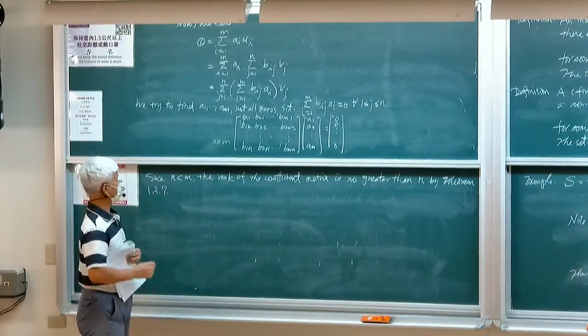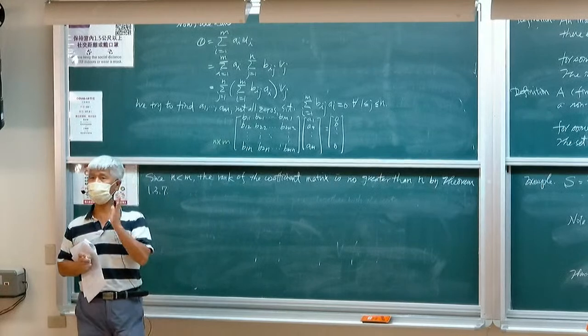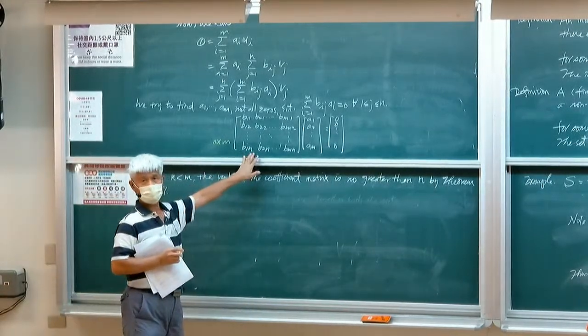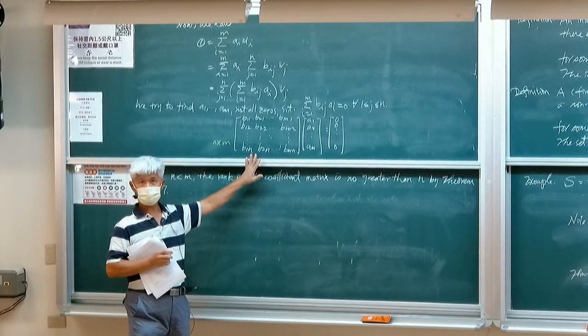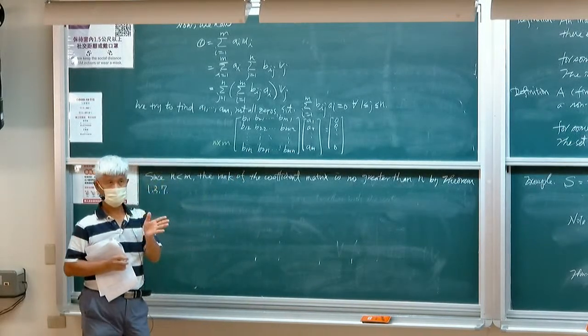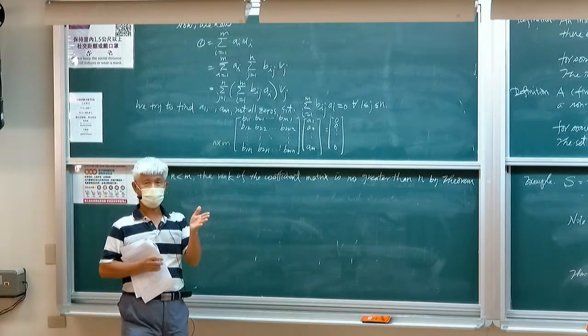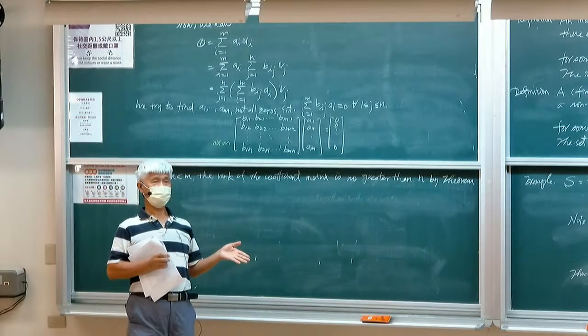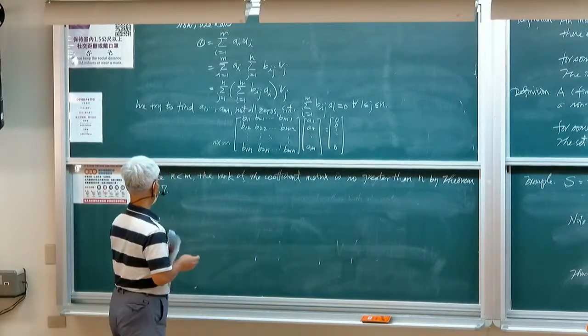And the rank is the number of pivot positions, or the number of pivots in the reduced row echelon form of the coefficient matrix.